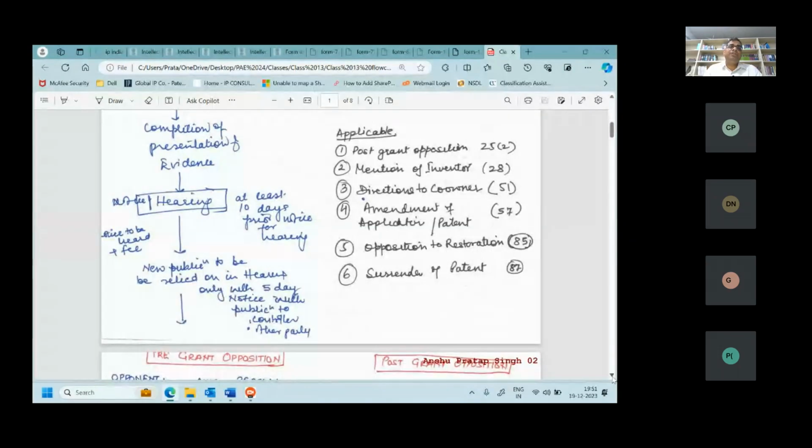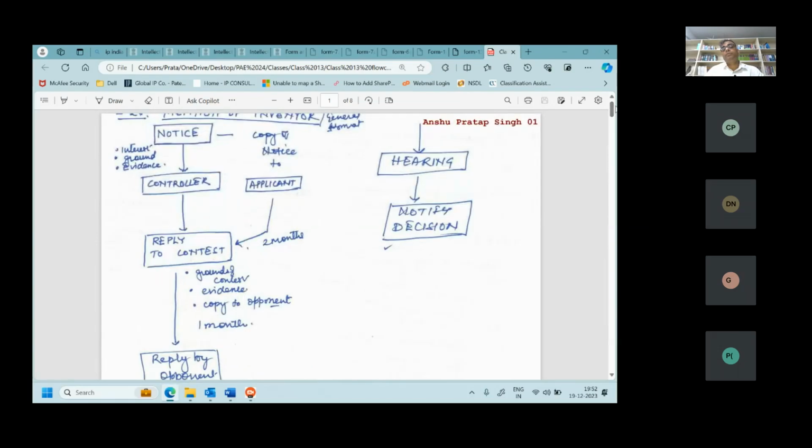Suppose you got a new publication, you want to rely on that, please share it within 5 days. Notice along with publication should be submitted to the controller and other party at least 5 days prior to the hearing. Otherwise, it will not be considered in that hearing. Then once a hearing is done, the controller makes a decision and that decision is notified. This is in general how every opposition proceeding will work.